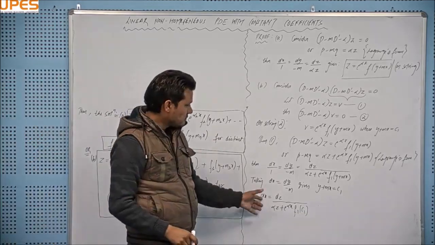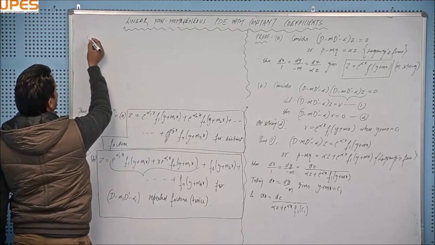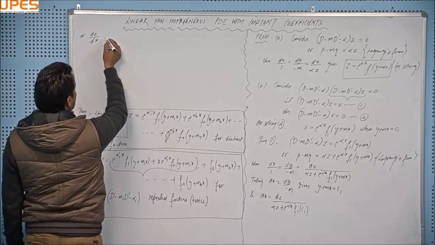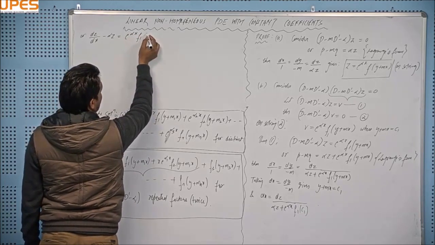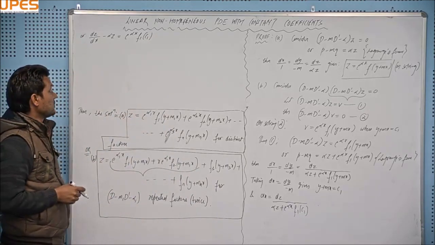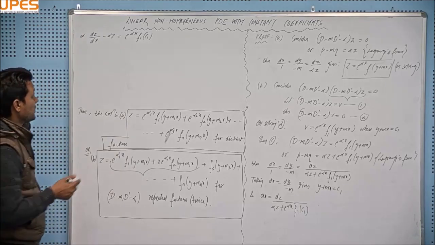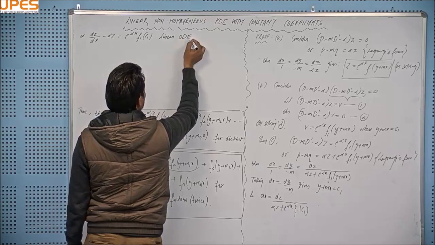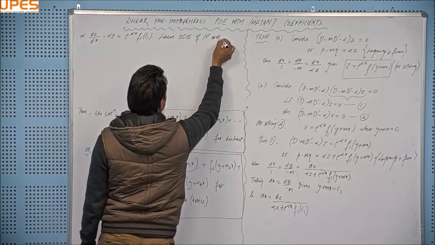Then cross multiplying them, it gives dz upon dx minus alpha z is equal to e to the power alpha x f1 of c1. See this form, this is a linear ODE, ordinary differential equation, of first degree and first order. Maybe you read this in your higher secondary course.